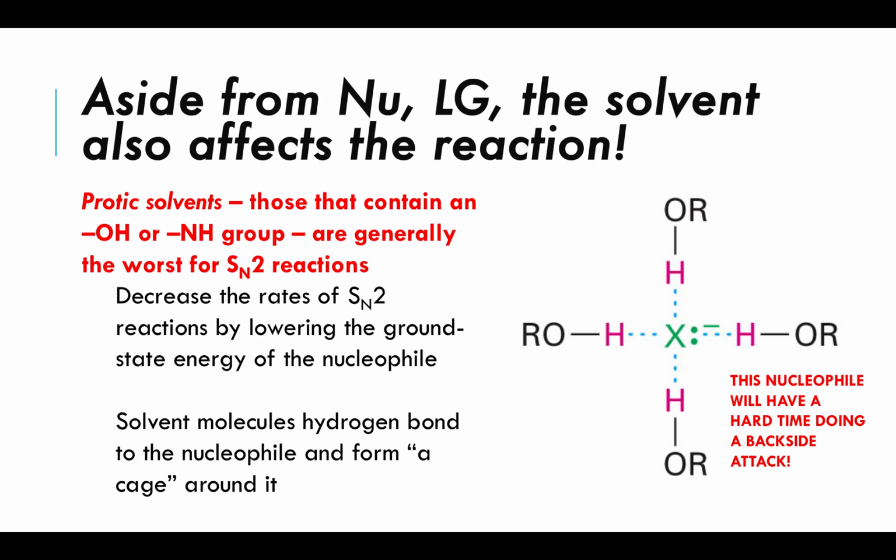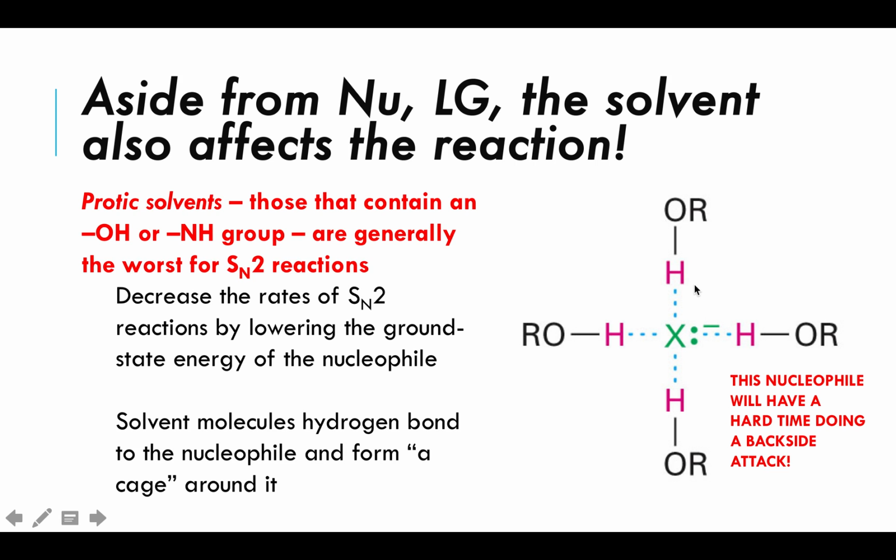For an SN2 reaction, we actually cannot have polar protic solvents. Why? If I have a polar protic solvent, I have an exceptionally positive hydrogen, which can hydrogen bond with your anion or your nucleophile. Your solvent will have such a strong bond to your nucleophile and it will form a cage around your nucleophile.